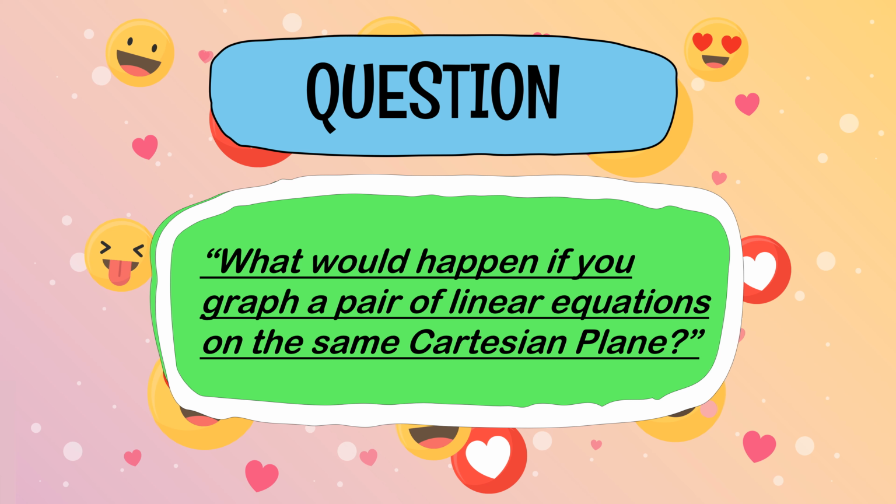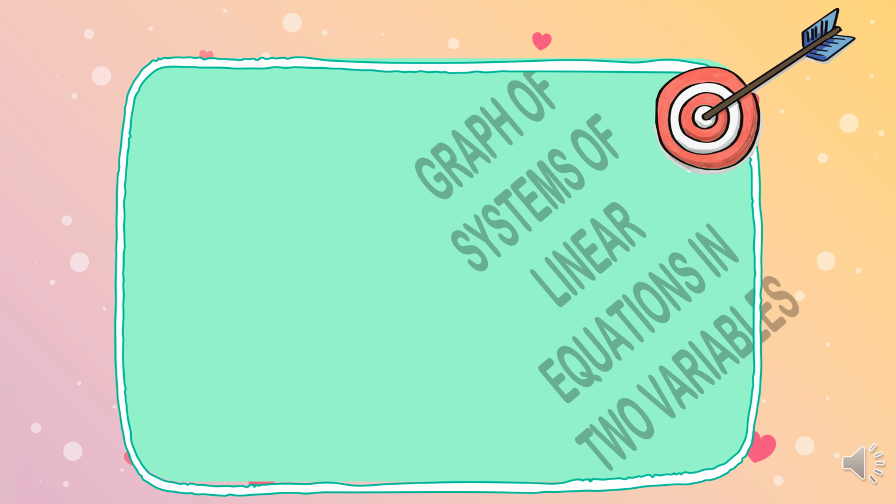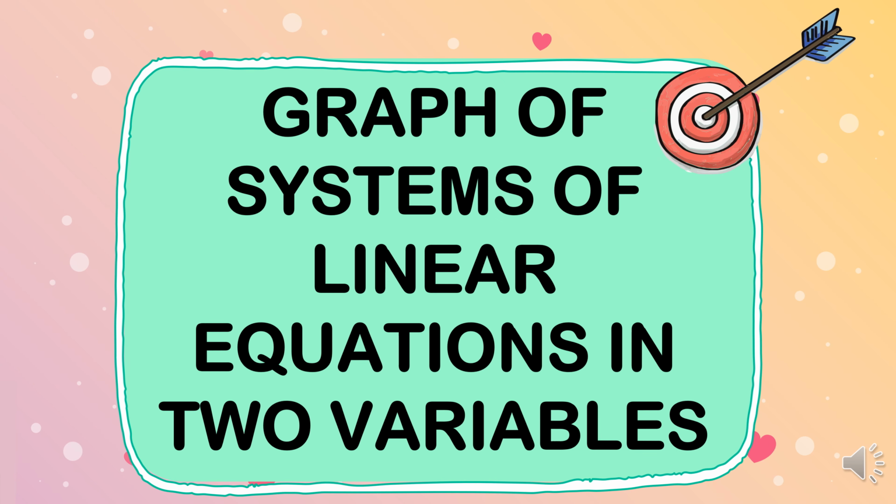So if we graph a pair of linear equations on the same plane, the linear equations may lie on the same line, intersect at exactly one point, and they may not intersect. And it has something to do with our topic for today, which is all about the graph of systems of linear equations in two variables.